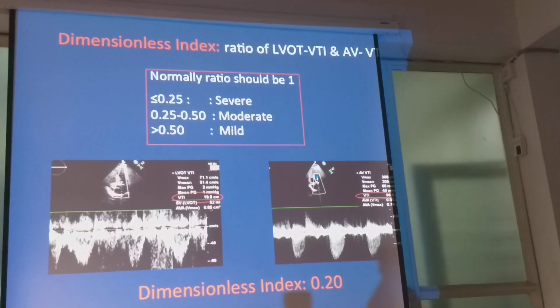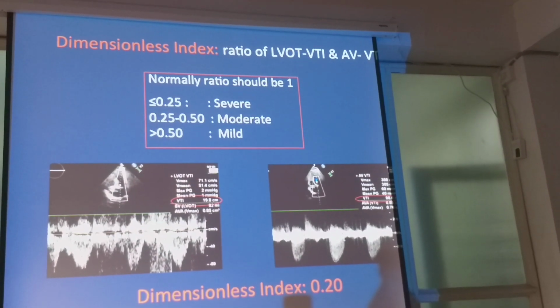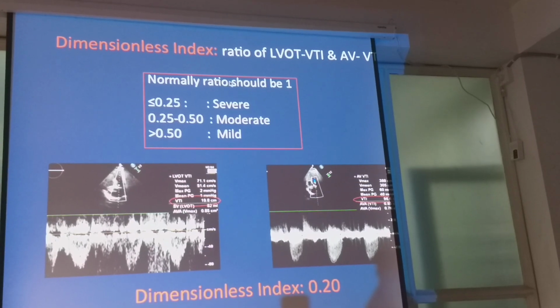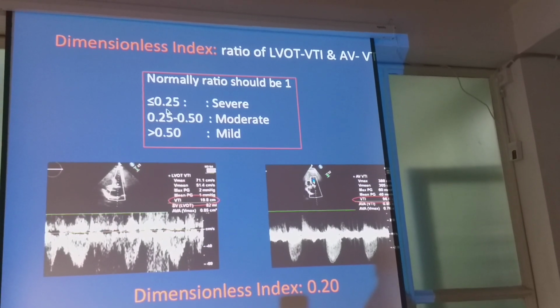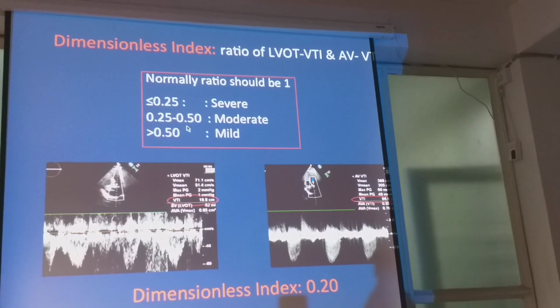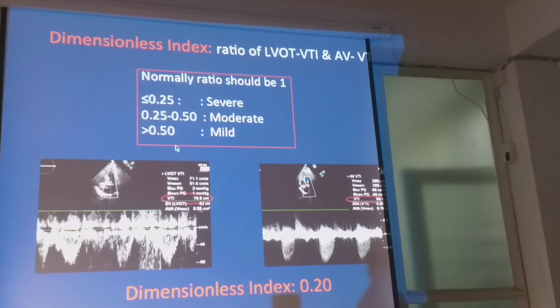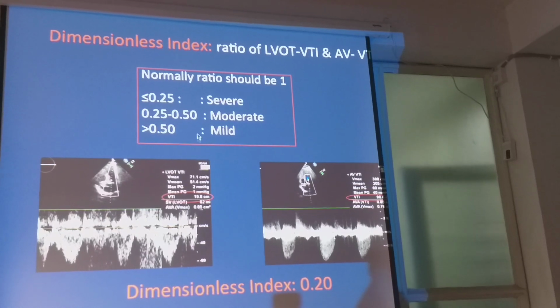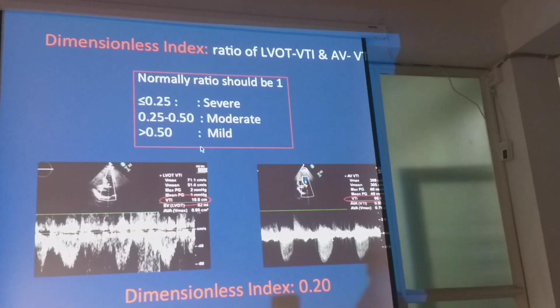In presence of aortic stenosis, it will be less. How much less? In severe, ratio will be less than or equal to 0.25. In moderate, 0.25 to 0.5. And in mild, it's more than 0.5.